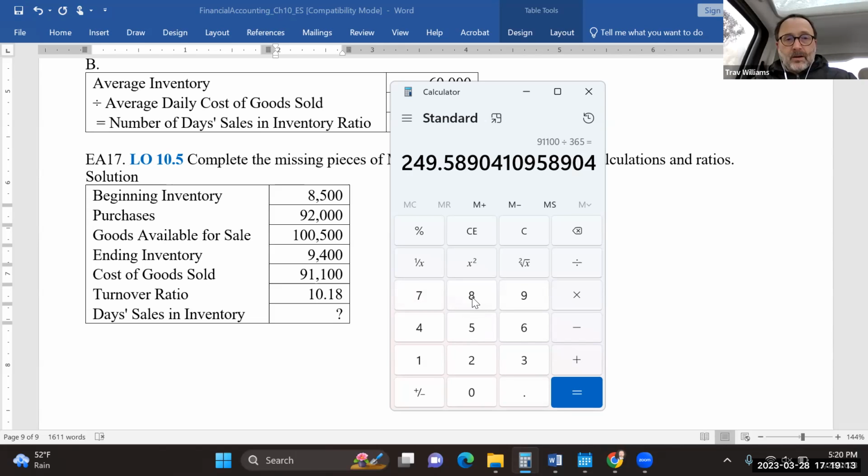Then we take our average inventory, which was 8,950, and we'll divide it by this number. I think it was 249.50. Did I do that right? I might have put in the wrong number, so let's double check.